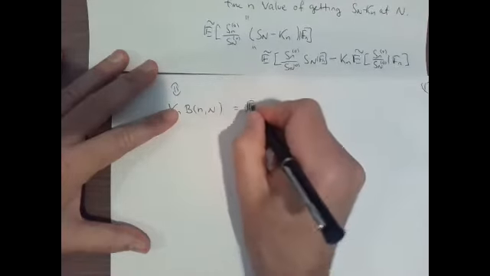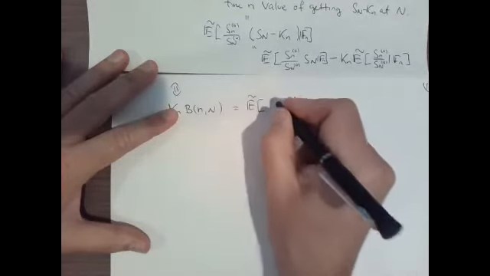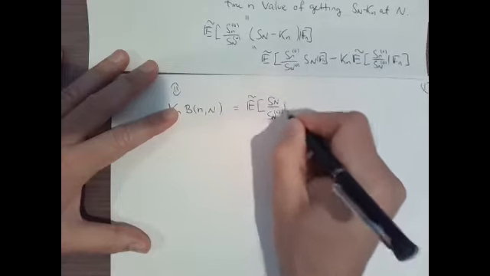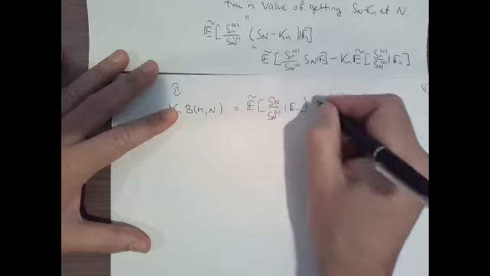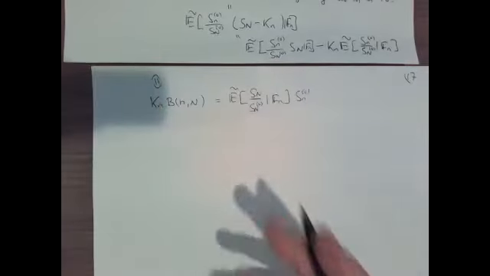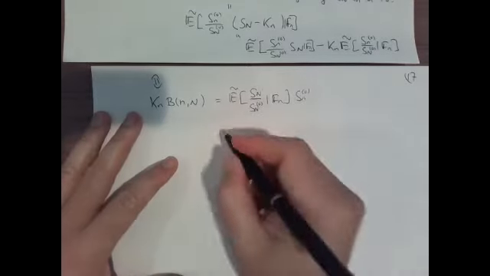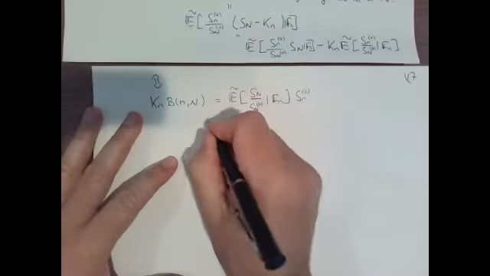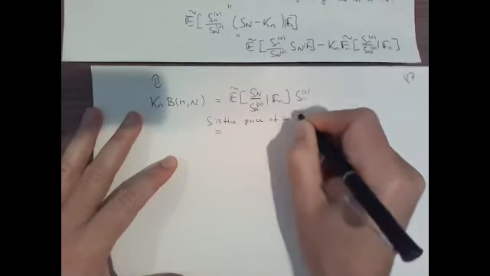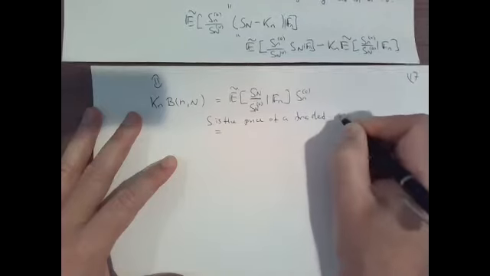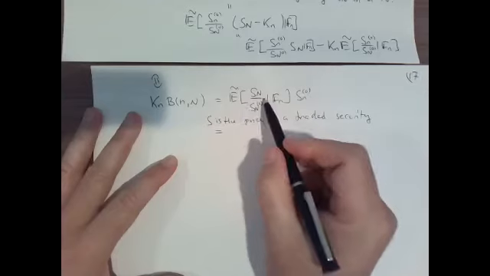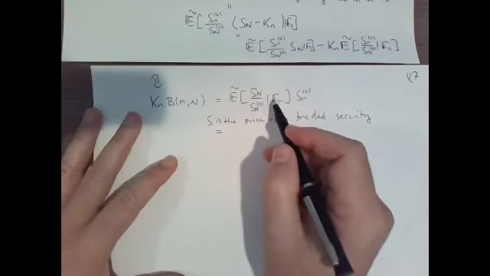So this would be E tilde of Sn over Sn0 given Fn, and I can put this money market account expression outside. And so if I know that this is traded, this is where I'm using that S is the price of a traded security, then the conditional expectation of this ratio is just going to be the current value.